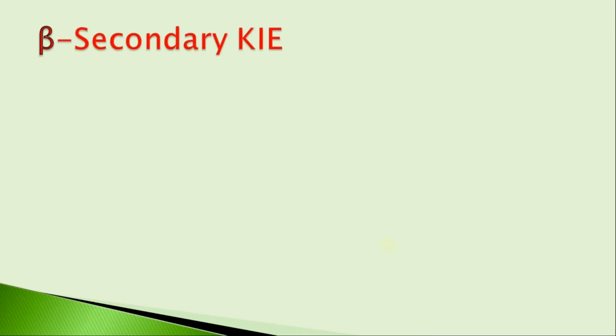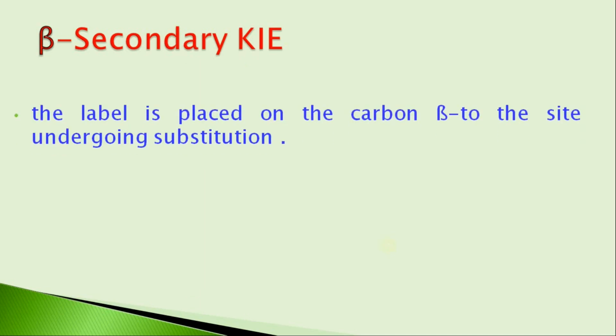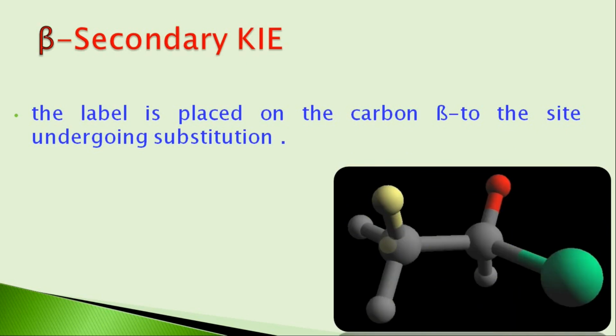Now, what is meant by beta secondary KIE? In beta secondary KIE, the label is placed on the carbon beta to the site undergoing substitution. Once more, here is the molecule of chloroethane undergoing cleavage of C-Cl bond during a nucleophilic substitution reaction.